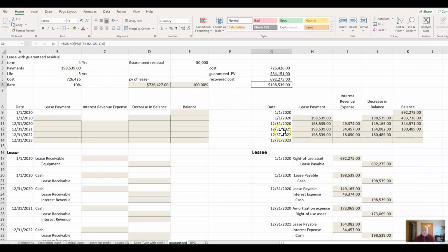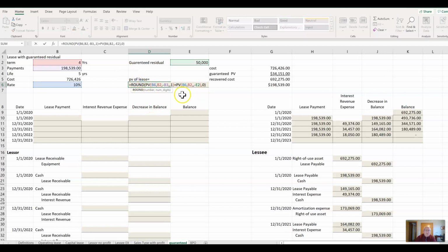Okay, so you notice on the lessee side of the books, which is what this side is over here, I start with the $692,275, which is the present value of the payments. If you took the present value of the payments of $198,539, that would give you the $692,275, and that's what everything's based off of on the lessee side. But for the lessor side, we want to do the present value including the guaranteed payment, and that's why you'll see this equation.